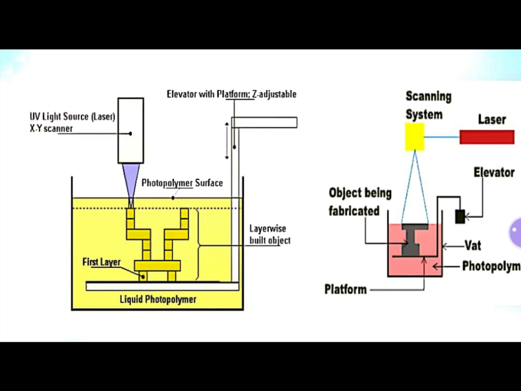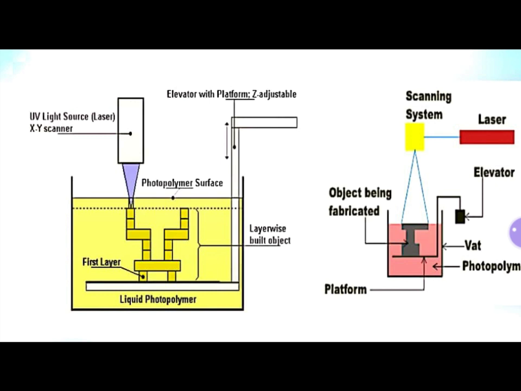So after hardening the first layer, the platform or the elevator that is seen here in a Z shape can be adjusted and it moves down for a distance depending upon the slice thickness.